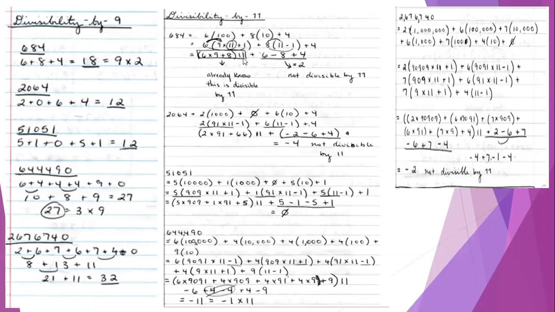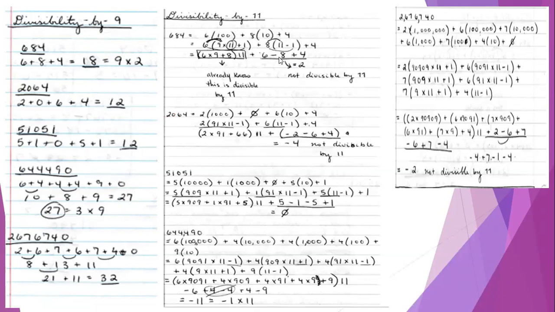And then you have what's outside the parentheses. So you got 6 minus 8 because there's a minus sign right here. And then 4. So we already know this part is divisible by 11. So you're just going to add these up, subtract them, find the solution.